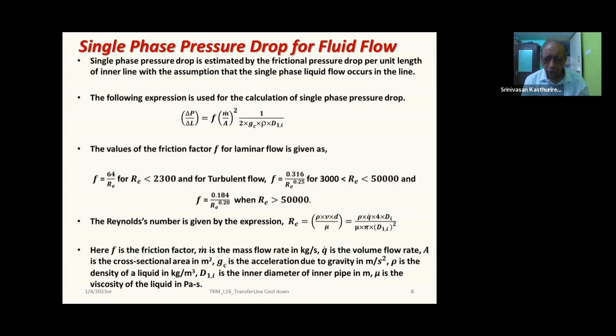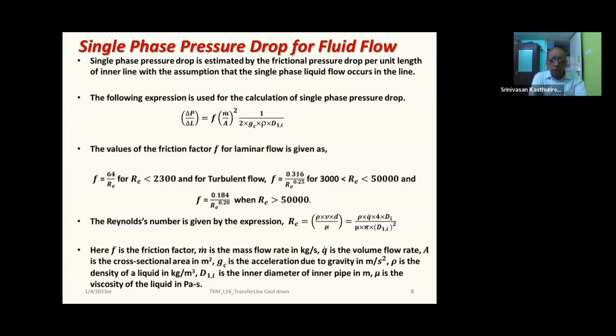So if you take the volume flow rate, then it is rho into q dot into 4 divided by mu pi d1i whole square. So we are just expressing the velocity in terms of the volume flow rate divided by the pipe cross-sectional area.